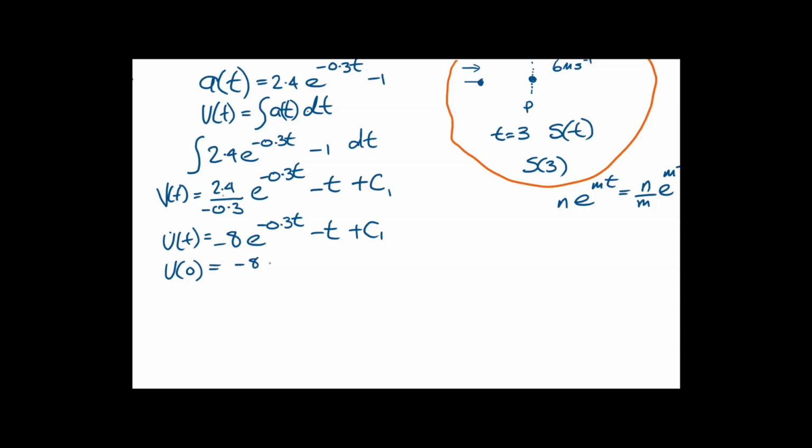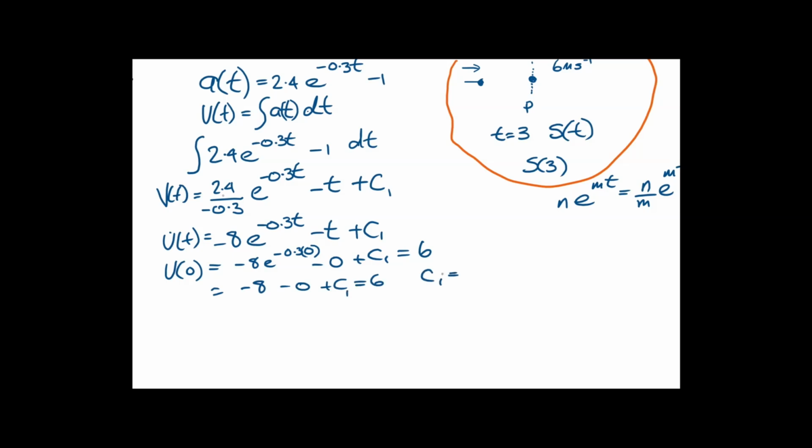So minus 8 e to the 0.3 times 0 minus 0 plus c1. e to the power of 0.3 times 0 is 1, so that's minus 8 minus 0 plus c1.